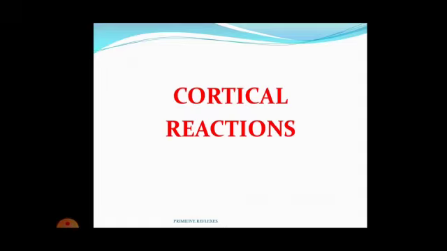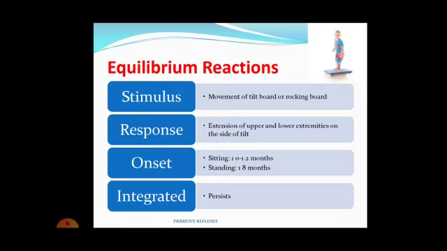Now coming to cortical reaction, that is the highest level of maturation that has occurred. So the cortex will cause changes in our body. They will bring the equilibrium reactions. Clear? Equilibrium means even if you give any type of perturbation, the child will be able to maintain his or her balance. Initially it was not there.